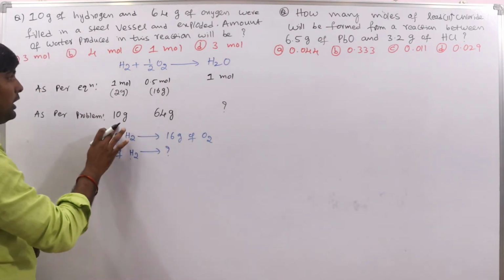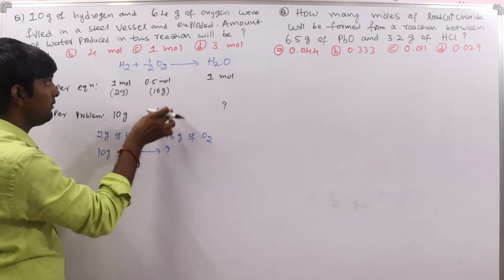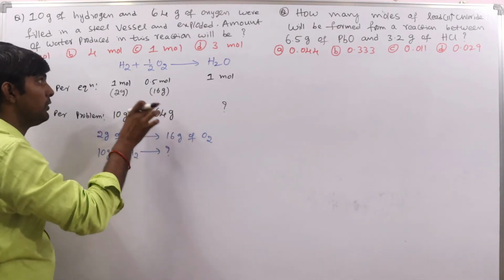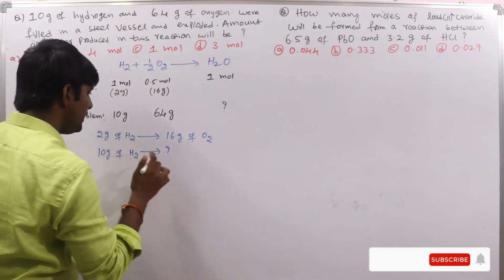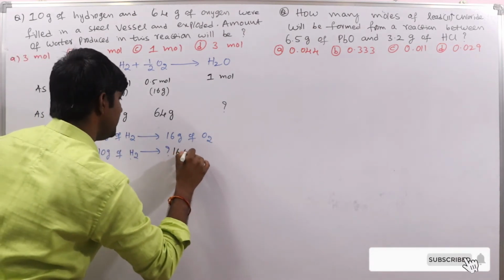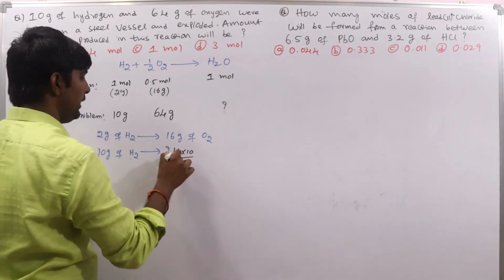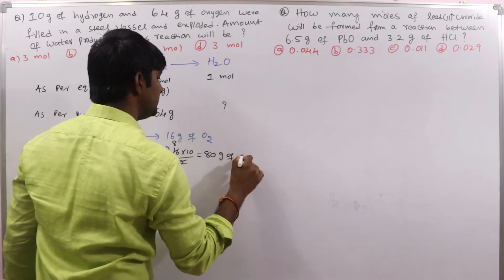This 10 gram hydrogen and 64 gram oxygen are mixed. So this requires 16 into 10 by 2. That is 8 times, so we need 80 gram of oxygen.